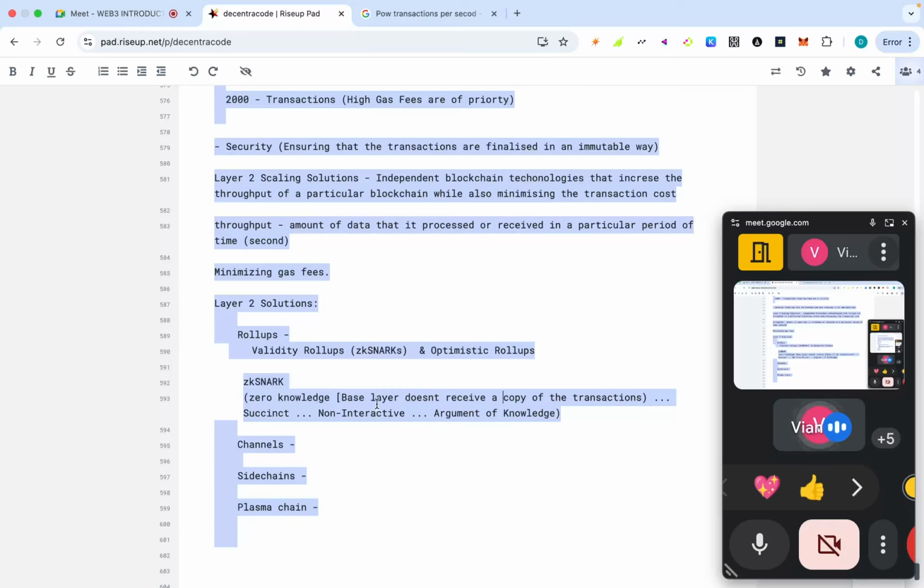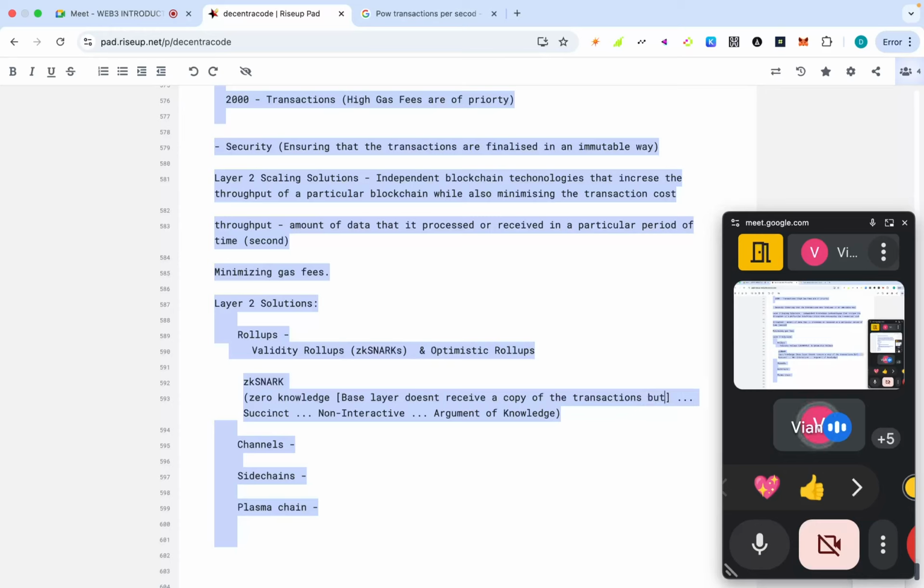So in that case, there is zero knowledge. The base layer has zero knowledge of the transactions that are being finalized on itself. All the information about the transactions that are being executed remains with the validity rollup, or in this case, just as an example, remains on Stacknet. That's what zero knowledge means in this case, that the base layer does not receive a copy of the transactions.